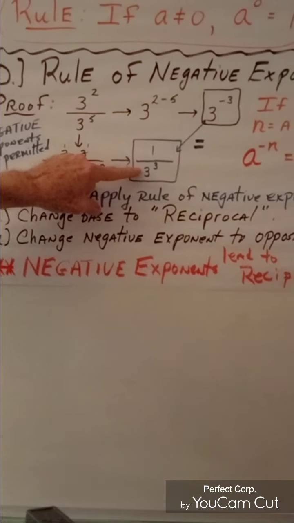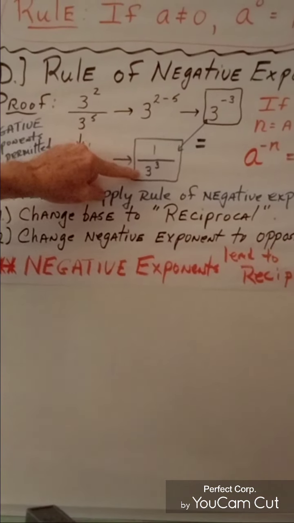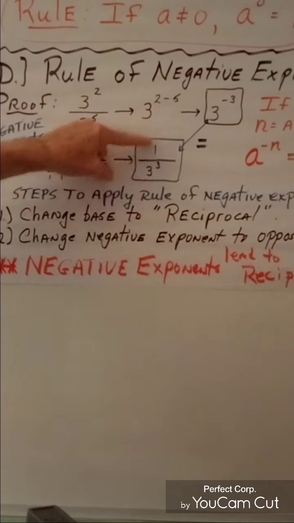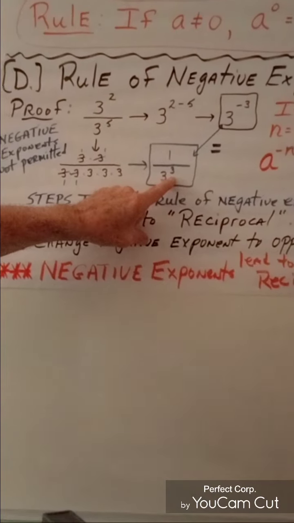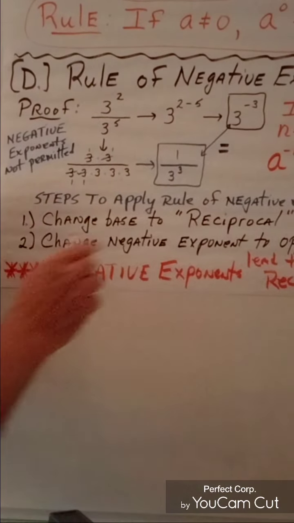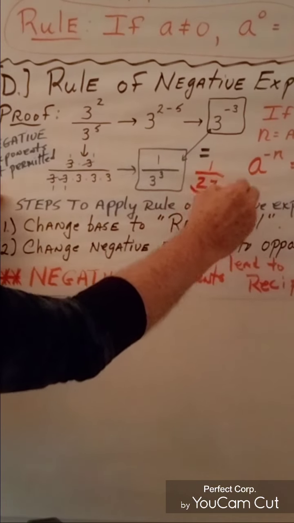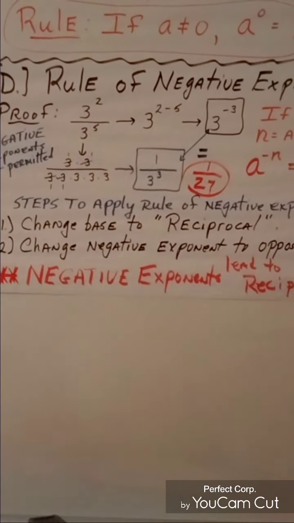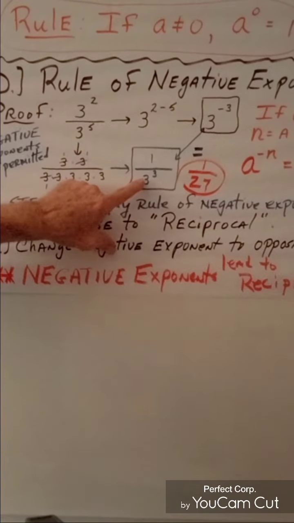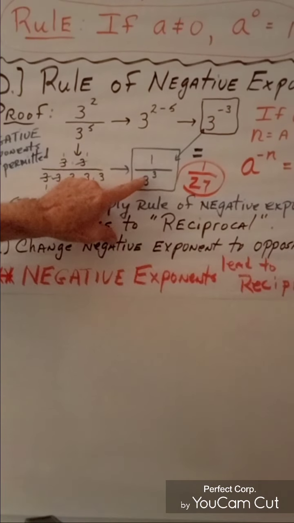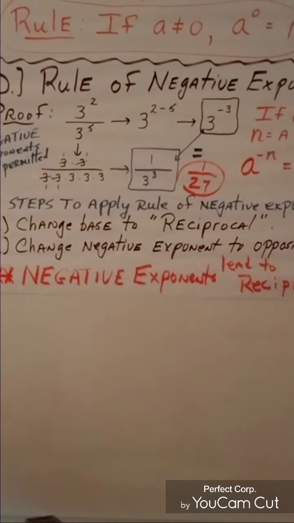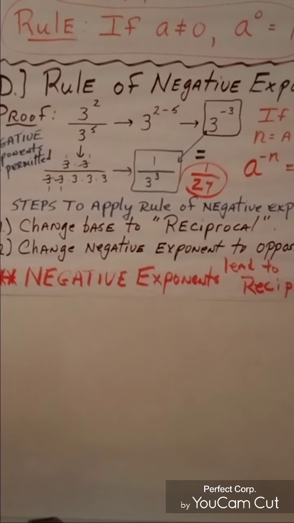By the way, for this answer right here, we would not leave this necessarily as 1 over 3 to the third. We would simplify that 3 to the third in that denominator, and we would call it this. That would be our final answer. But that's the answer that I wanted to leave it as, so I could generate the proof behind this.